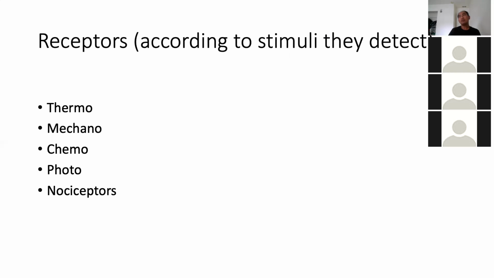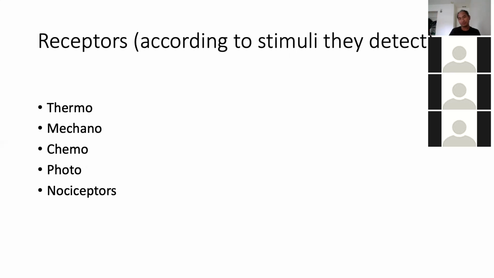Depending on the stimuli they detect, as we know, we have the temperature receptor, thermo; the pressure receptor, mechano; the chemical receptor, chemo; and the light receptor, photo. Photoreceptors are present in our eyes, so that when the outer source comes into our eyes as light, our photoreceptors pick up the light and send it to the brain, which interprets it as an image.